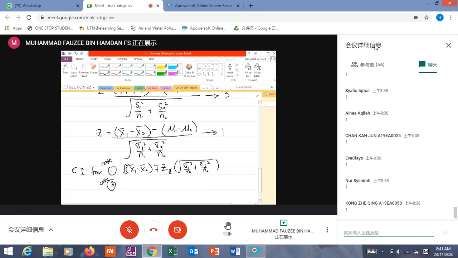This is the confidence interval for case number 1. For case number 3, that is x bar 1 minus x bar 2 plus or minus Z alpha over 2 multiplied with the square root of s1 squared over n1 plus s2 squared over n2.